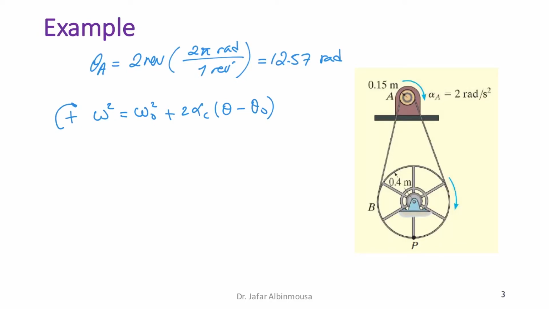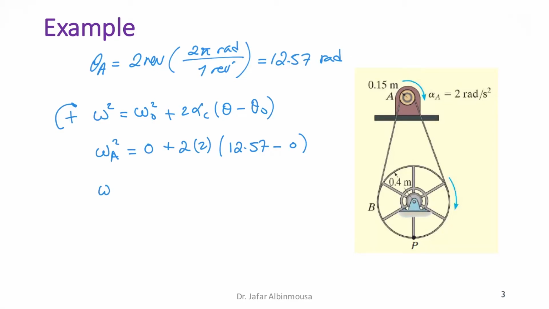So here we have omega A squared is equal to 0, since it's starting from rest, plus 2 multiplied by the acceleration, which is 2 radians per second square, multiplied by the angular position, which is theta A, 12.57. We just calculated it, minus 0.